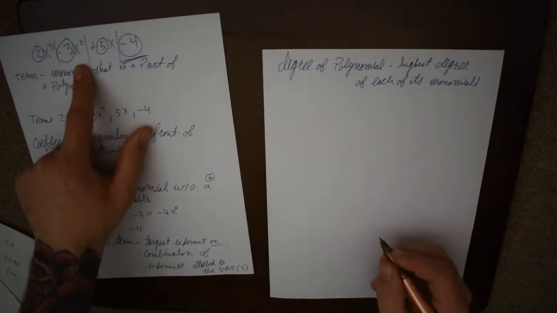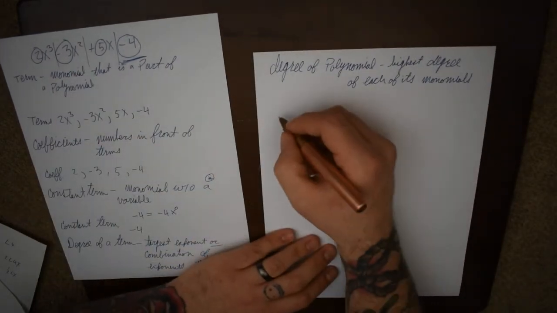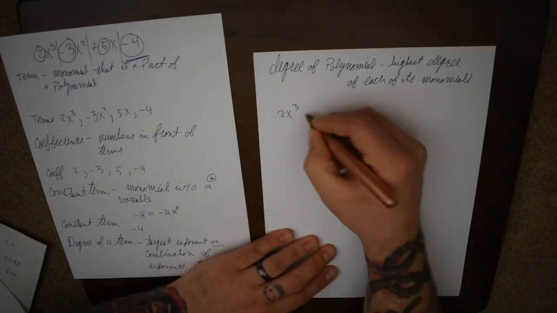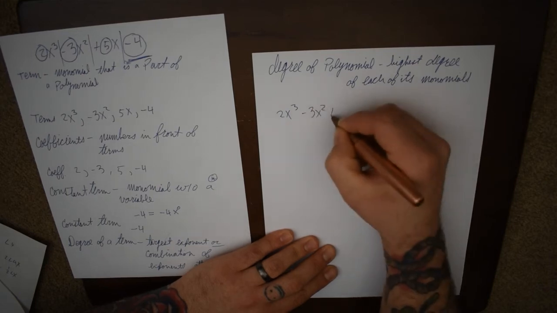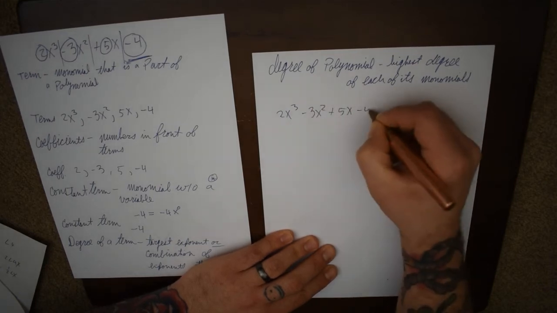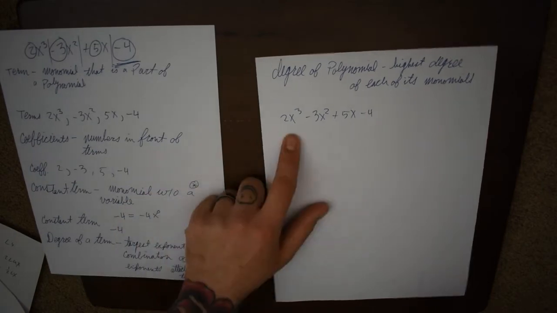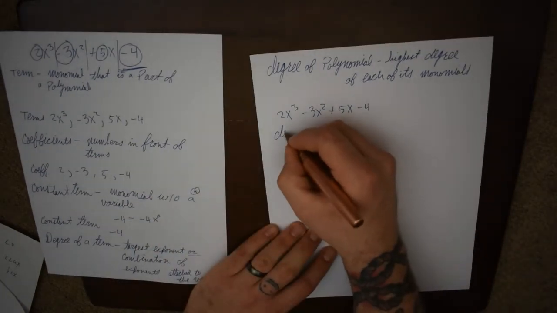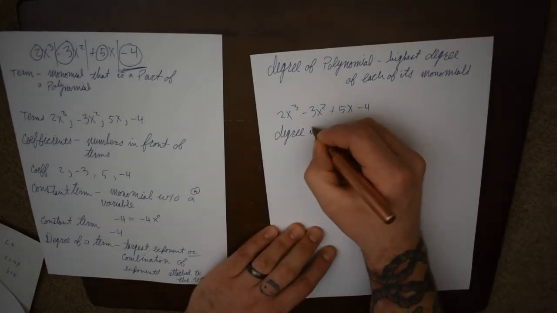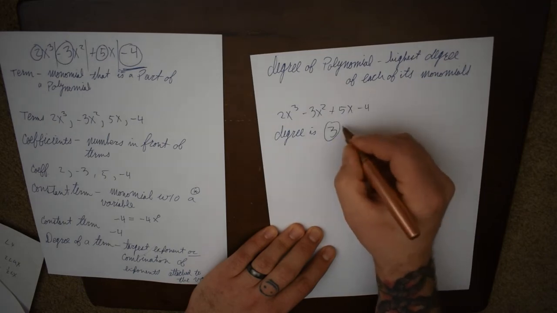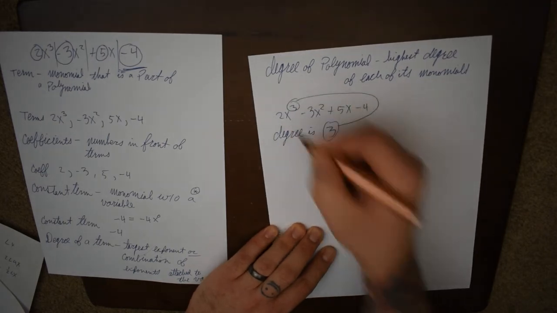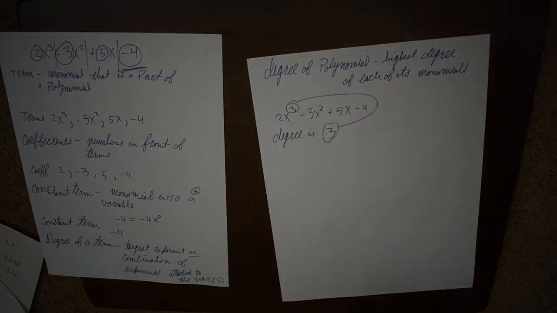So going back to our big polynomial, 2x cubed minus 3x squared plus 5x minus 4, well, this polynomial's degree is 3, because 3 is the highest degree of any of its monomials.